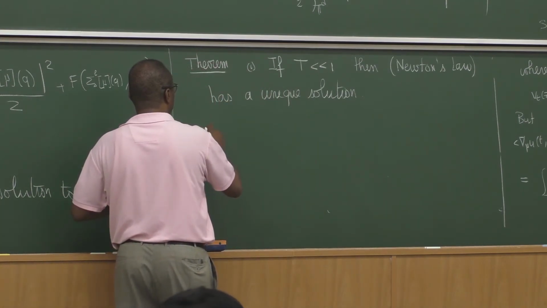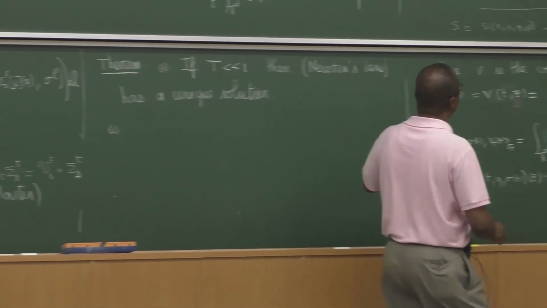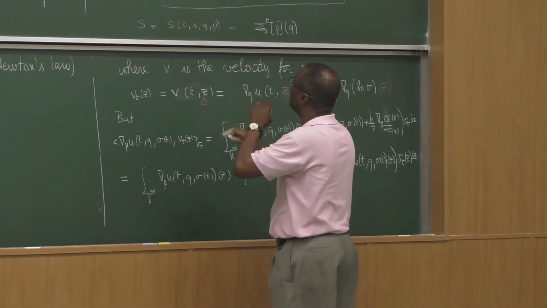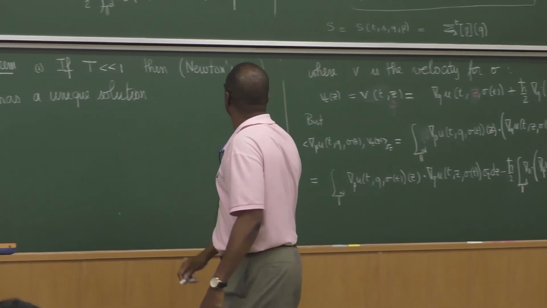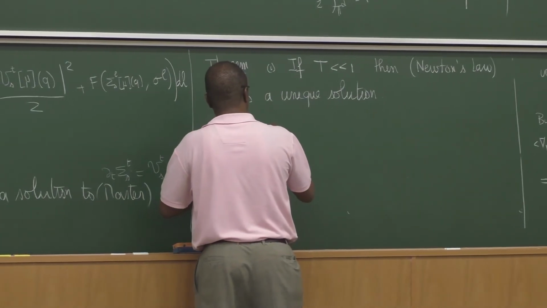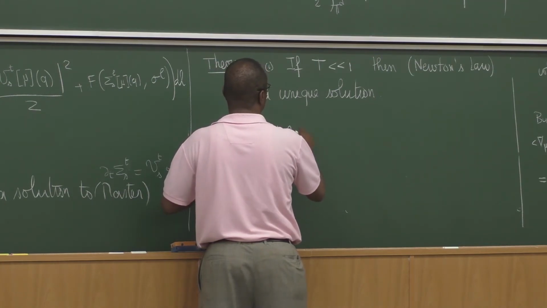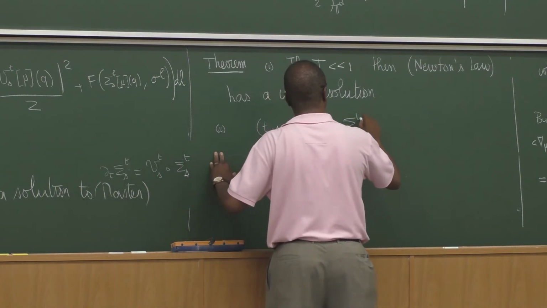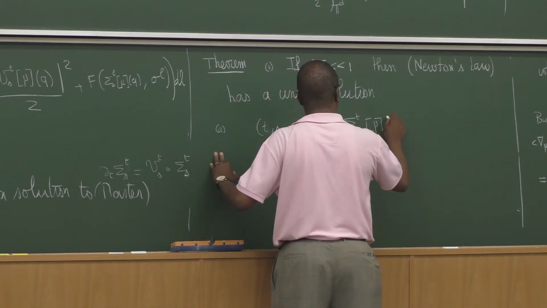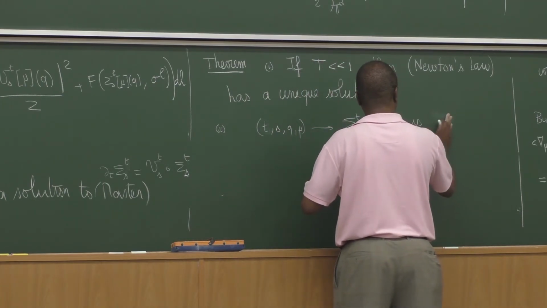Furthermore, if you look at this application in terms of T, S, Q, mu, goes to sigma S, T, mu, Q, is Lipschitz, is of class C1.